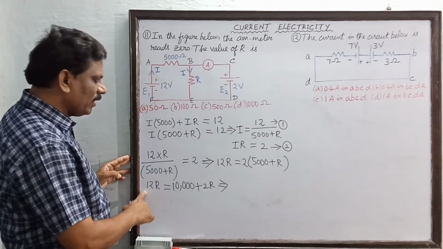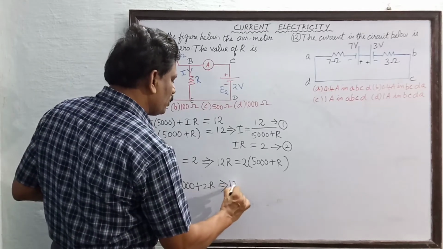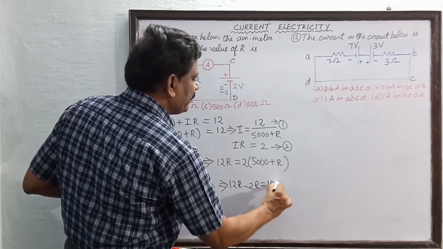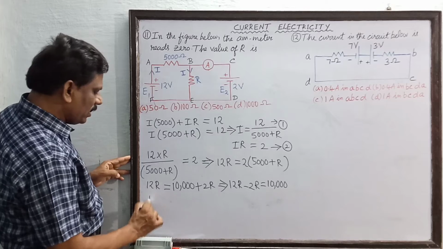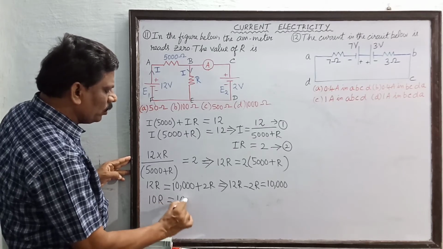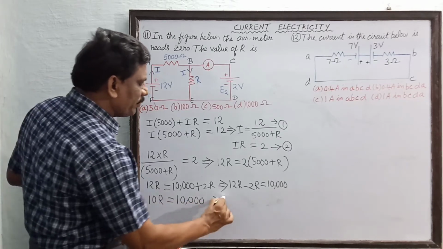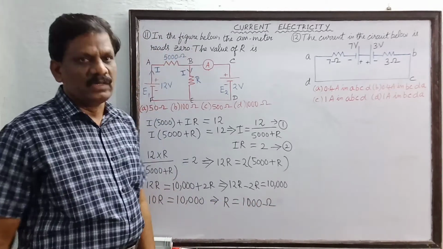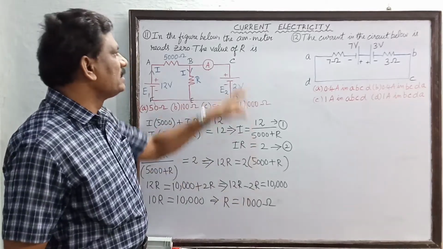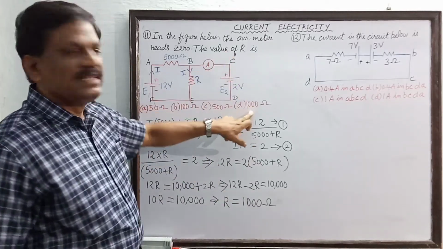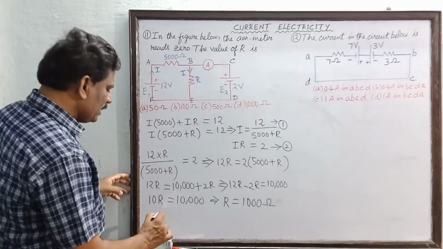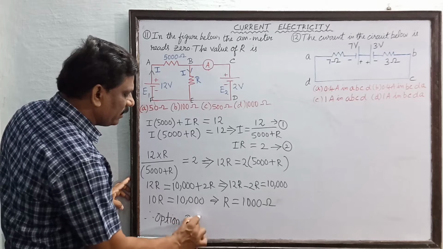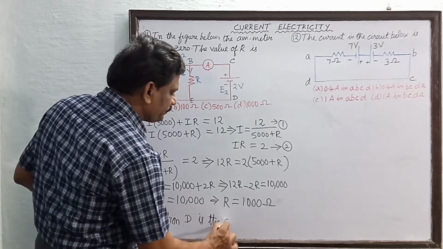This implies 12R minus 2R is equal to 10,000, so 10R is equal to 10,000. This implies R is equal to 1000 ohm. So we have got the unknown resistance value R equal to 1000 ohm. Which option is correct? Option D is the correct answer.